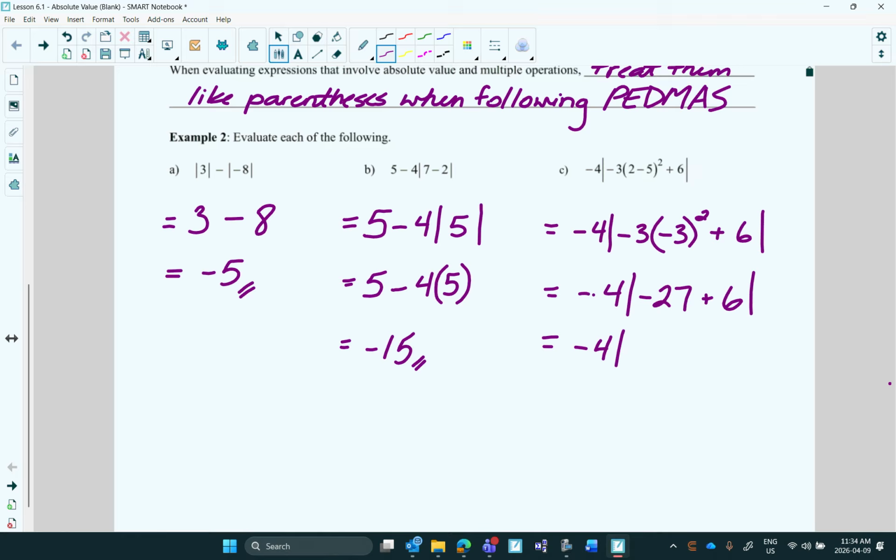And then when you add those two together, we get -21. Notice the absolute value bars are still there. My next step, I'm actually going to do it. And because I'm multiplying, I have to change the absolute value bars to parentheses. So that will give me what? -84. Good.